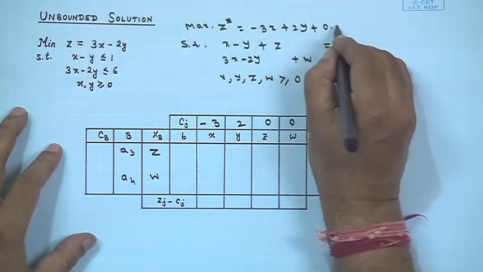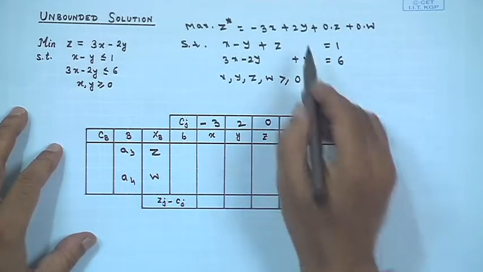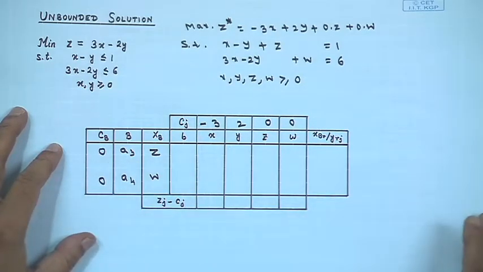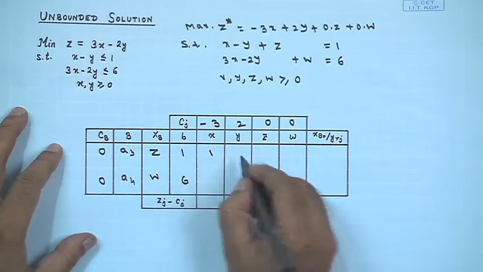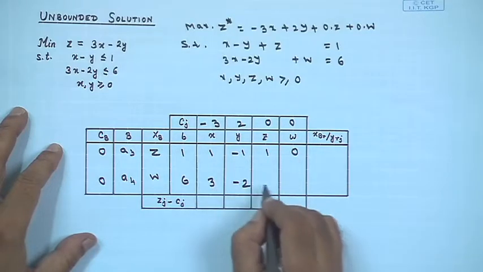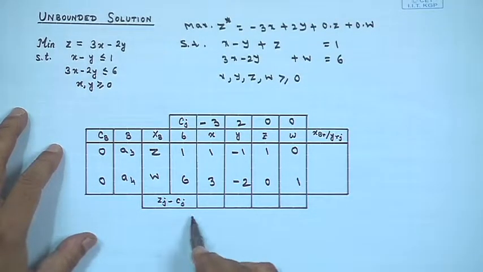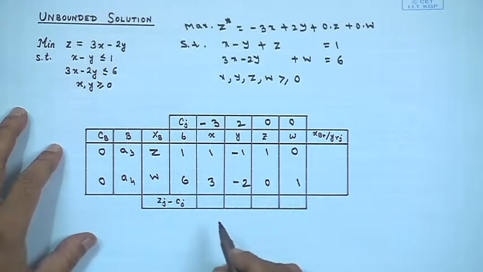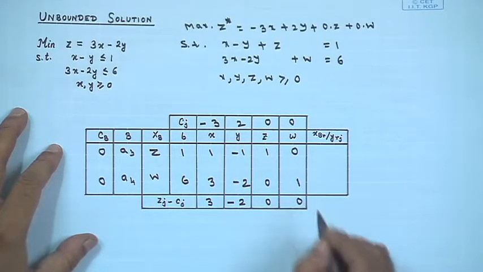So, your Cb is 0 and 0, b values are 1 and 6. The rows are 1, minus 1, 1, 0 and 3, minus 2, 0, 1. Now we calculate Zj minus Cj, that is Cb into Xb minus Cj, and the values you will obtain are 3, minus 2, 0 and 0.